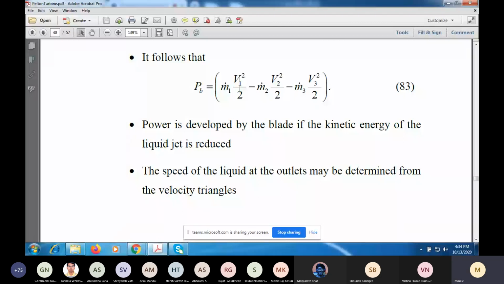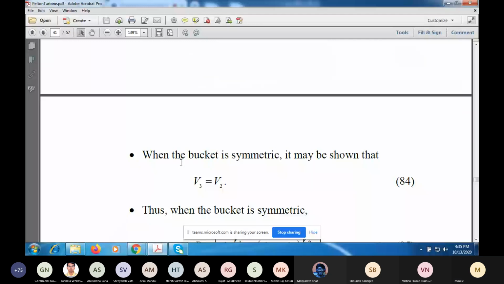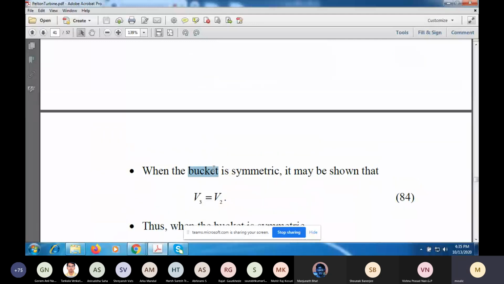Now we need to determine V2 and V3, which are the speeds of the liquid at the outlets. We can get it rather easily once the concept of velocity triangle is clear to you. Now, the buckets are symmetric, so it's easy to show that V3 and V2 will be the same.